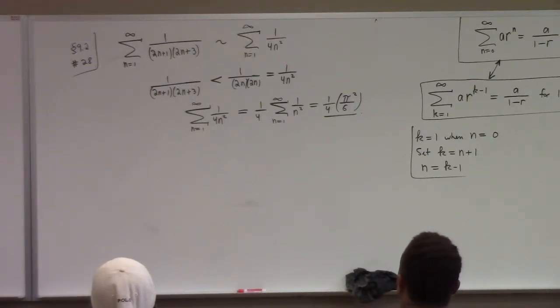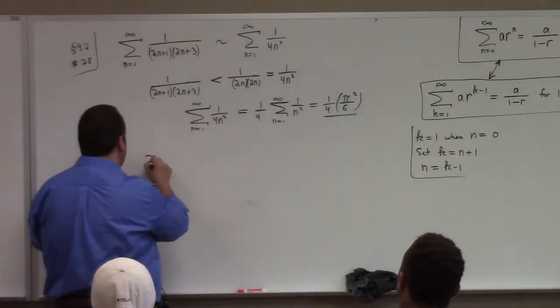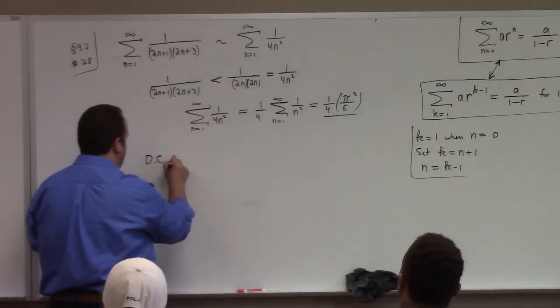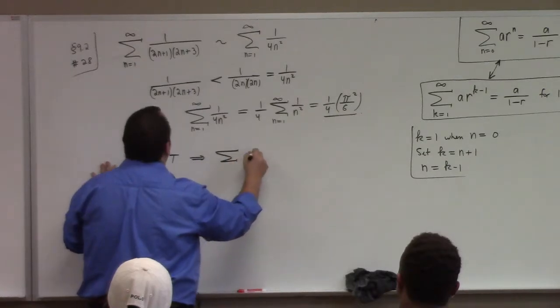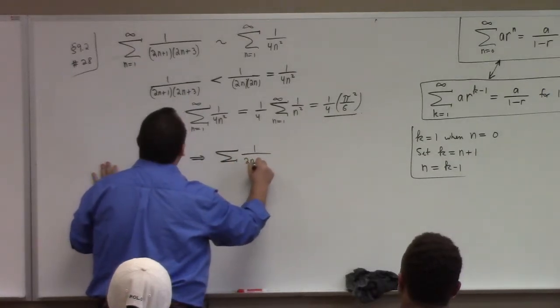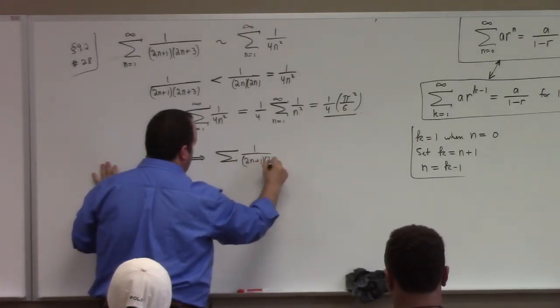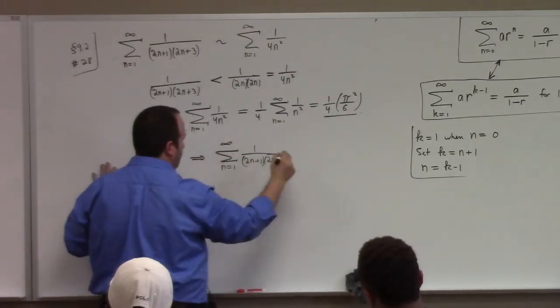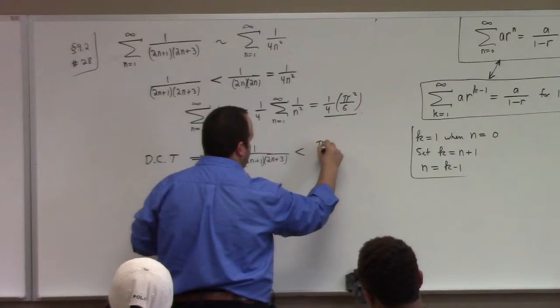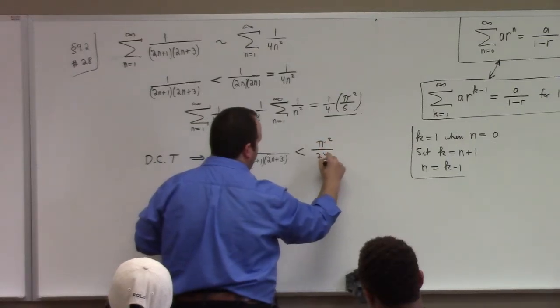We get that this series converges to something less than pi squared over 24. The direct comparison test indicates that the sum of 1 over (2n plus 1)(2n plus 3), n equals 1 to infinity, is less than pi squared over 24.